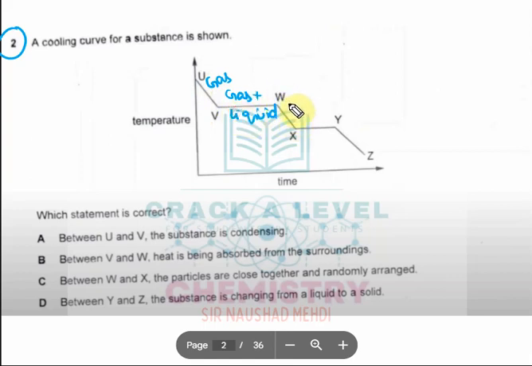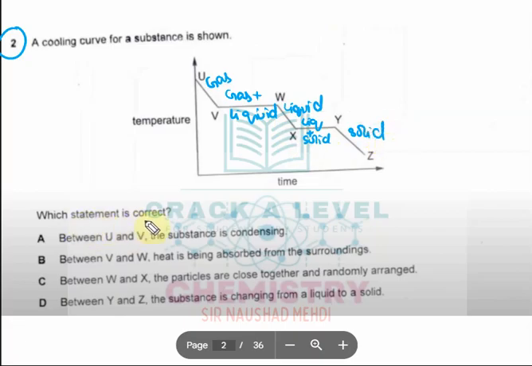Once it has completely converted into liquid, the temperature starts decreasing again from W to X in liquid form, and after reaching X, it starts freezing. The liquid starts converting into solid, and by reaching point Y, the freezing has been completed and it has completely converted into the solid state.